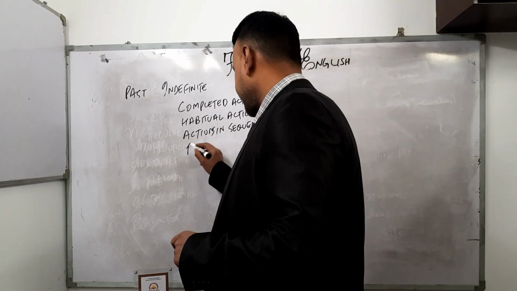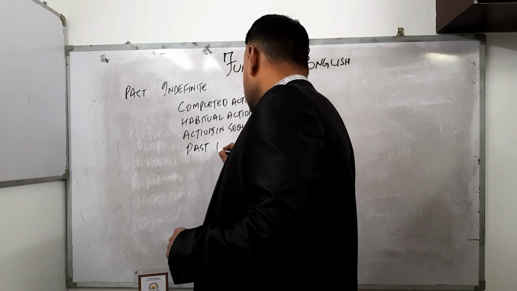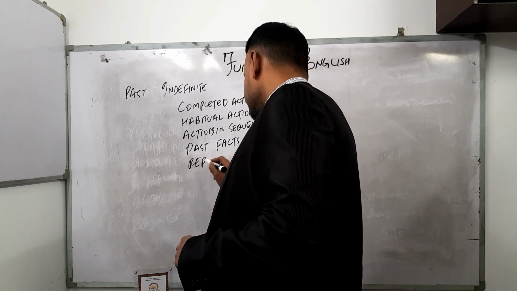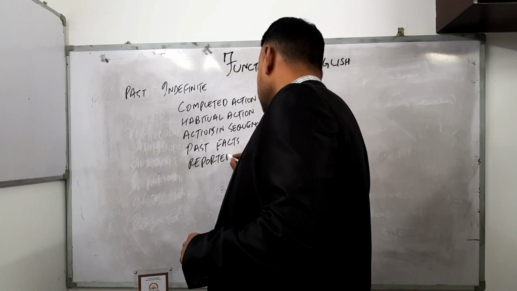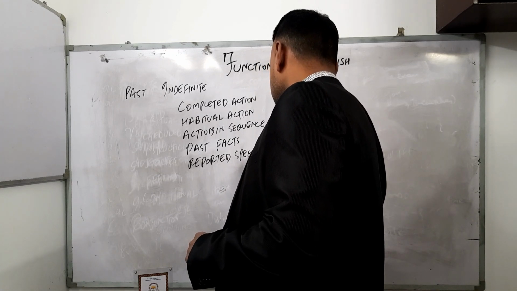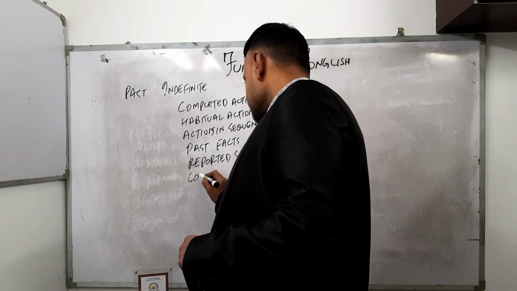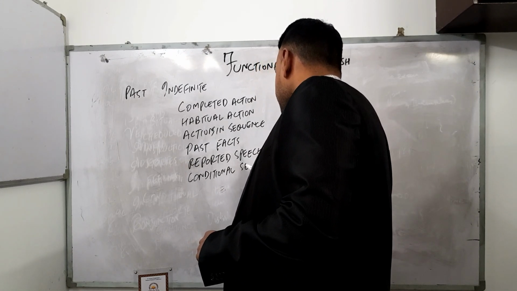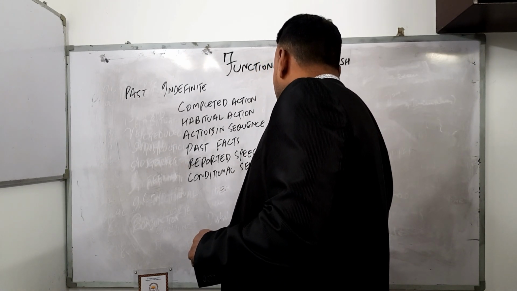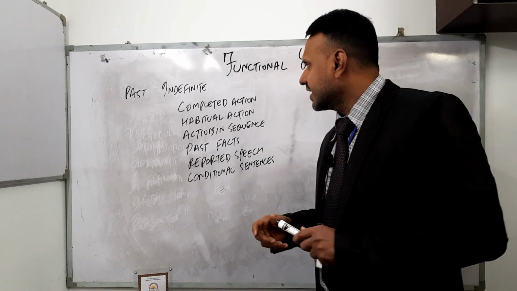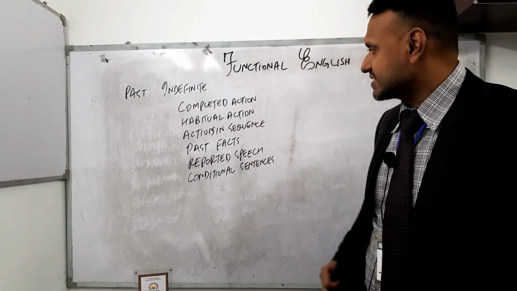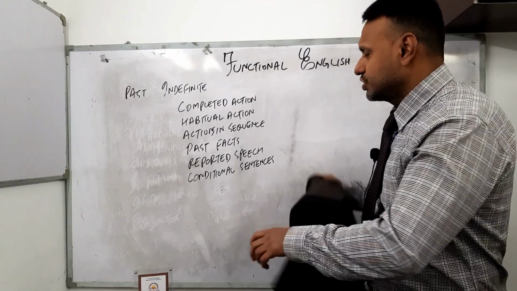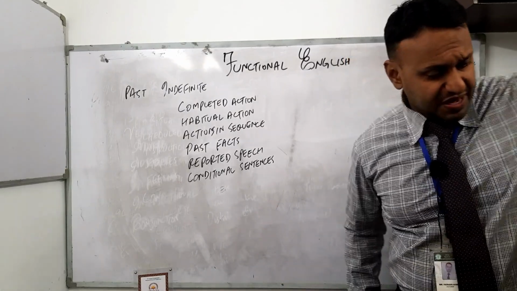So past facts, reported speech, and conditional sentences. So when we are looking at all these 6 conditions, there could be others as well, but I have just taken out the main ones.